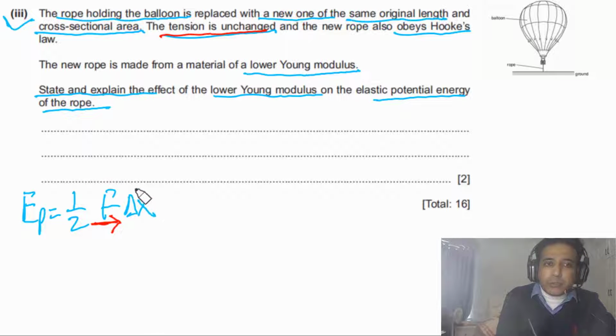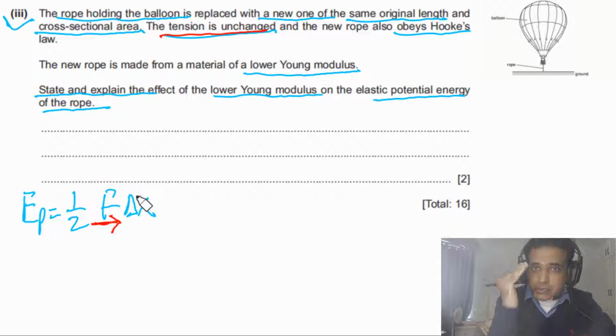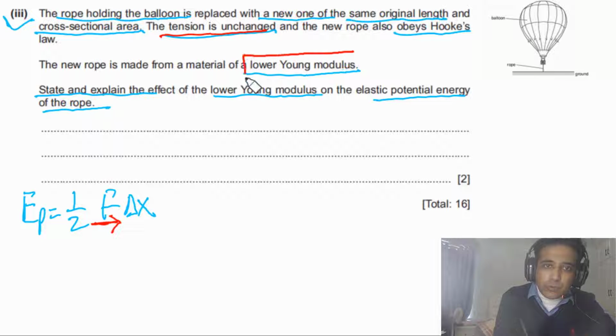Now simply we need to look at delta X, how delta X is changing. If delta X increases, EP will increase, and if delta X decreases, EP will decrease, and if delta X stays the same, EP will also stay the same. So we need to look at Young modulus. It is given to us as lower Young modulus.